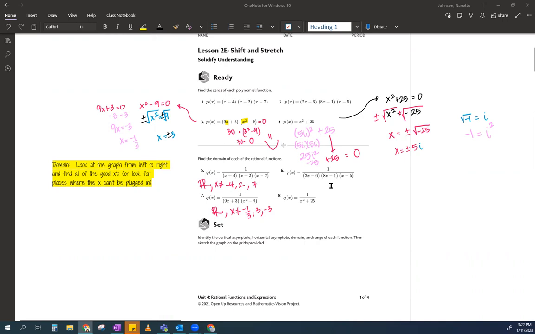What should I do with my denominator? Set it equal to what? Yeah. So you're saying to find the domain of a rational function, you just want me to set the denominator equal to 0 and find out when x can't be those numbers? Exactly. Why can't the denominator be equal to 0?